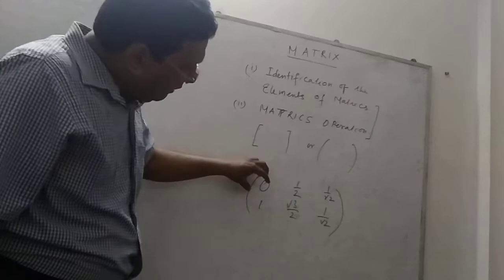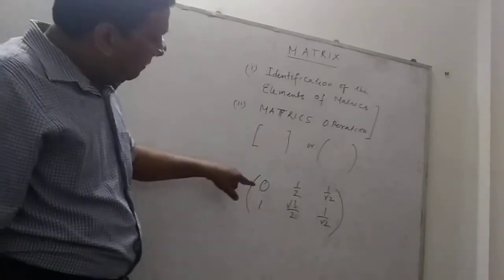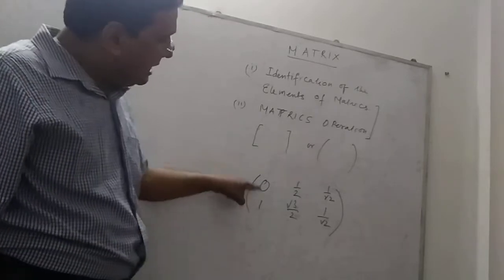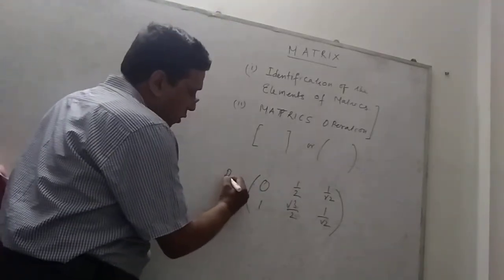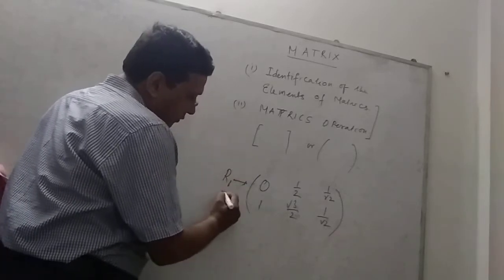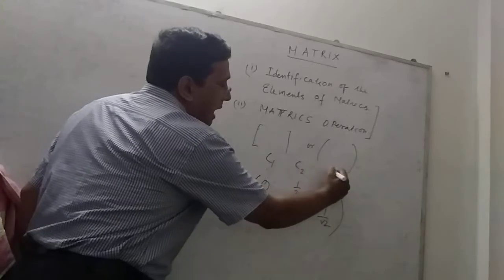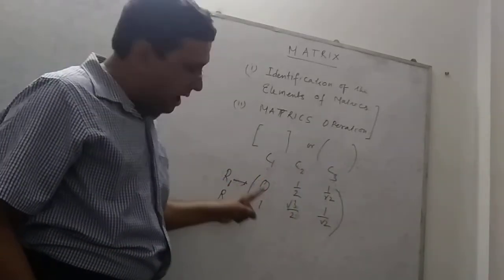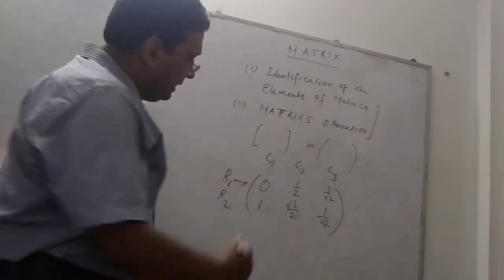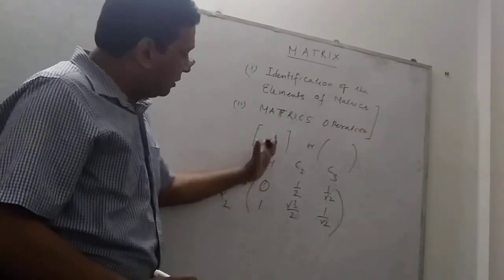Once we understand the location or identification of this element, we can say that this 0 exists along the first row and first column. This is row 1, this is row 2. This is the first column, this is the second column, and this is the third column. So naturally, if I want to identify what is 0, it is along the first row and along the first column.